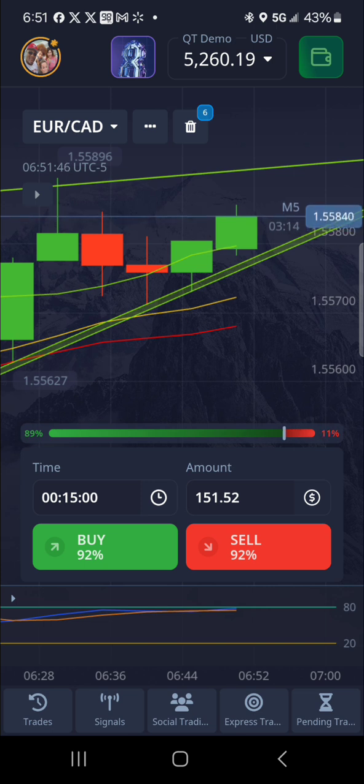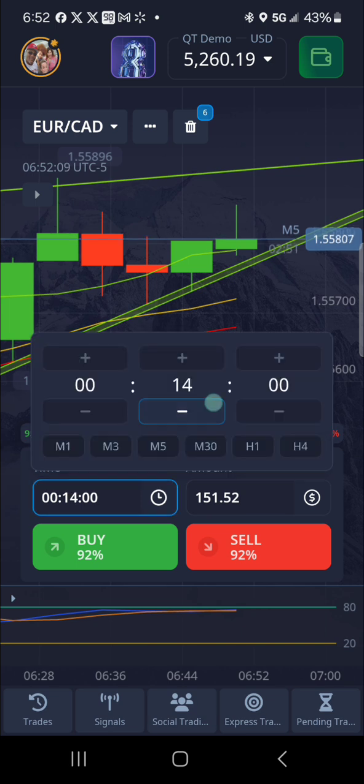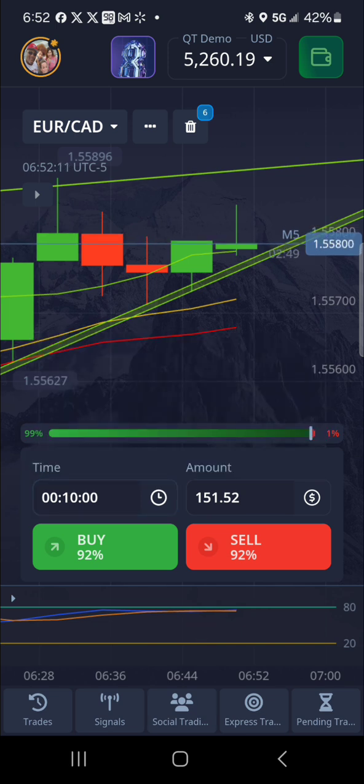It's one of those things where you want to give it some time, but you don't want to give it too much time, because in 15 minutes is 3 candles, and it could be closer to breaking out. And breakouts generally happen in the same direction, but they don't always happen in the same direction. So I might just do 10 minutes on it.